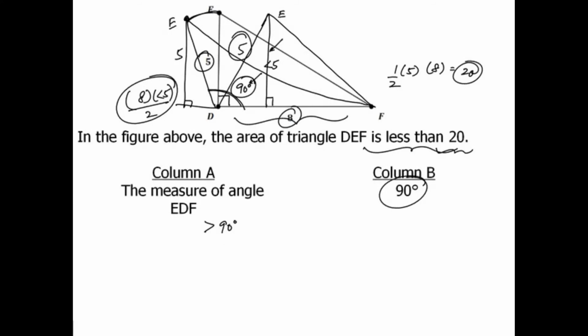So again, I can make the angle less than 90 degrees and still end up with a triangle that has an area that's less than 20. So it's possible for the angle to exceed 90 degrees, and it's possible for it to be less than 90 degrees, which means that the relationship cannot be determined. We don't have enough information. The answer is D.